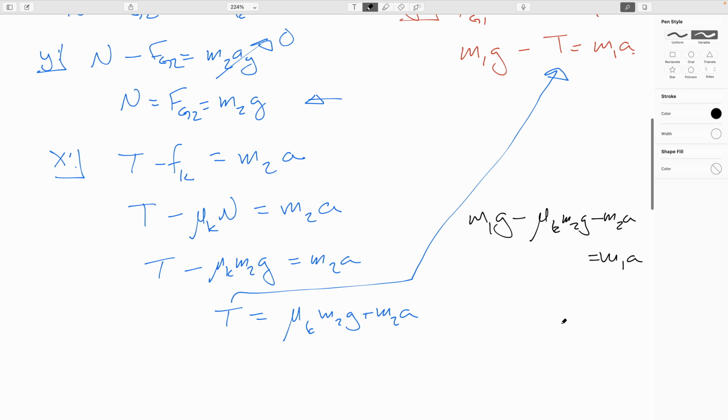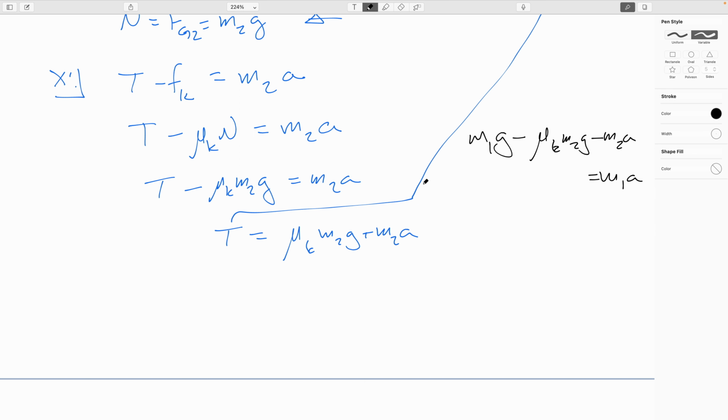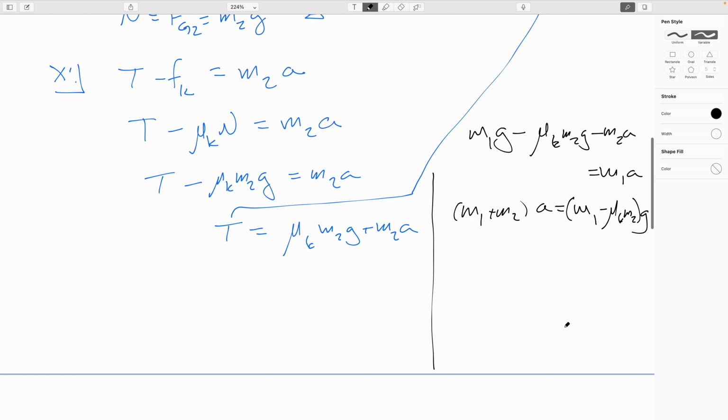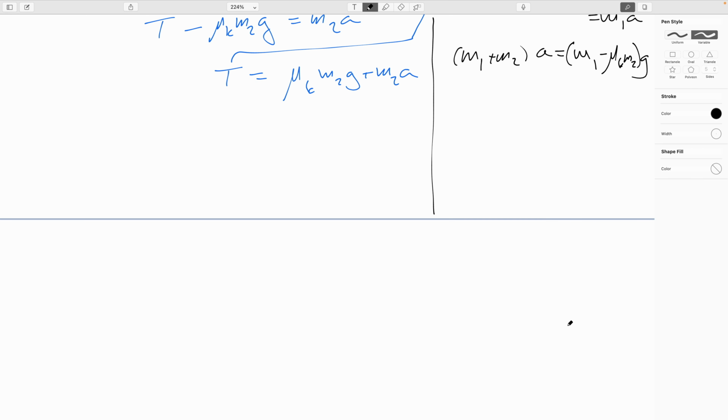All right, so let's put everything with a's on one side and everything with g's on the other side. That'll give me m1 plus m2 times a equals m1 minus mu k m2 times g. Okay, and then finally, that will give me that the acceleration is m1 minus mu k m2 over m1 plus m2 g.